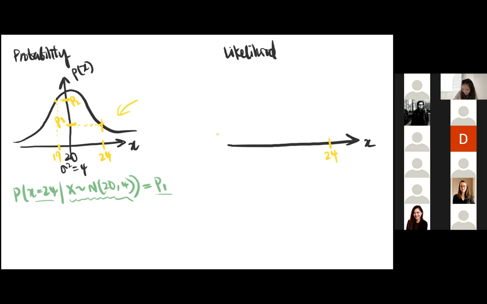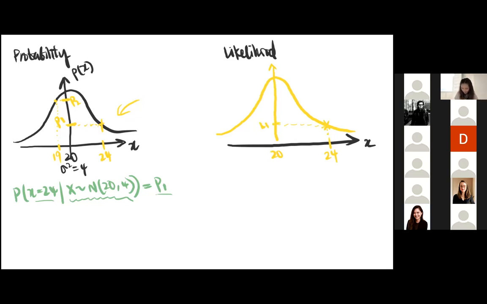Let's guess, okay, based on this weight 24 puppy, maybe the weight of puppies is distributed like this, at a mean of 20 with a variance of 4. Where likelihood comes in is that we can read it very similarly to how we read the PDF. We read 24 over here, trace over here, and we end up with a likelihood L1.